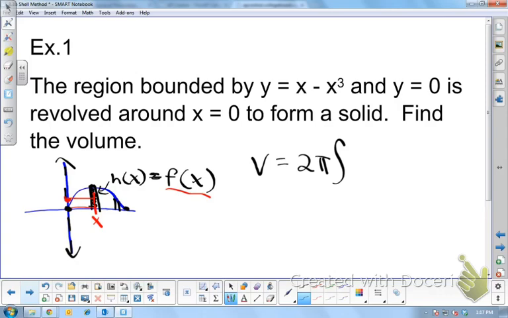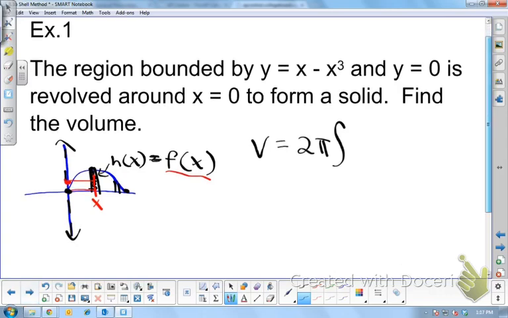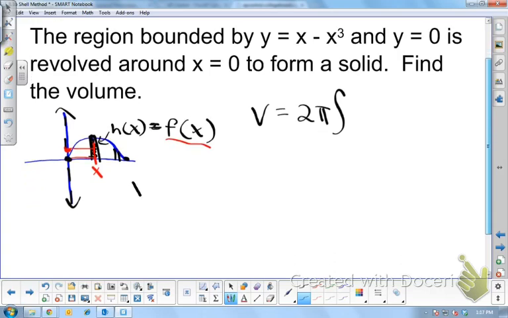It's a 0. So if I set the function equal to 0, how am I going to solve that? How am I going to solve it by hand?